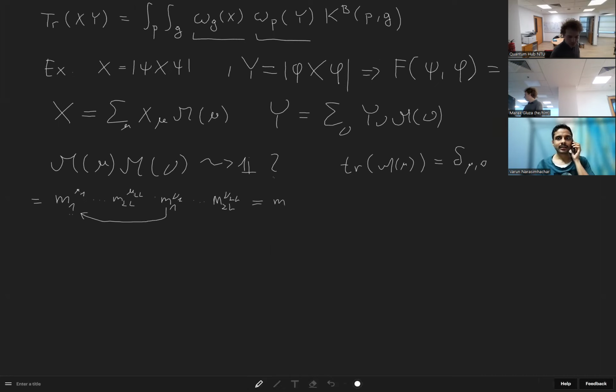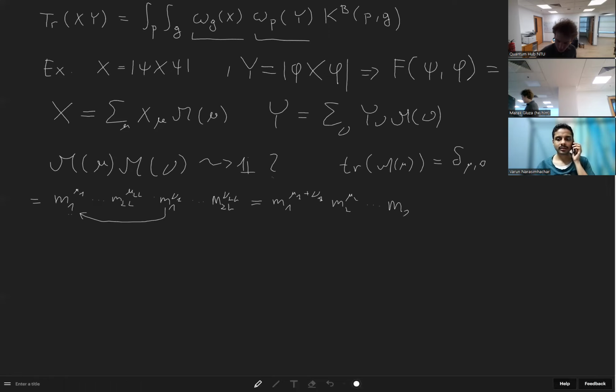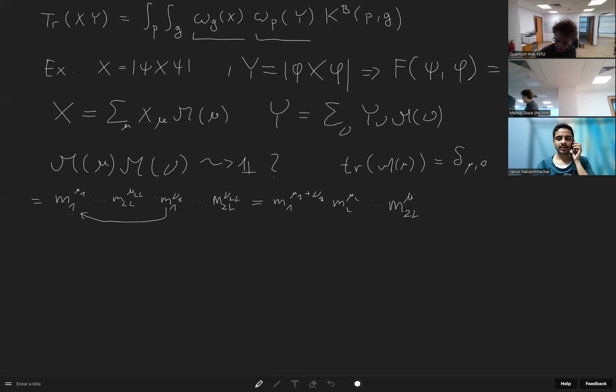When I do that, I will have m1 to the power mu1 plus nu1, and then m2 to the power mu2, up to m2l to mu2l, and then the new part.